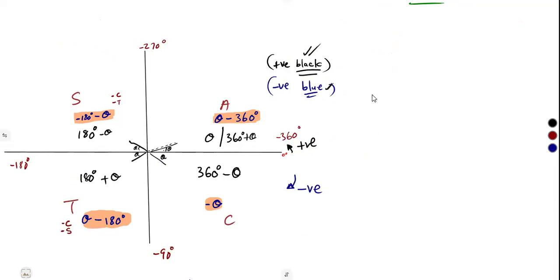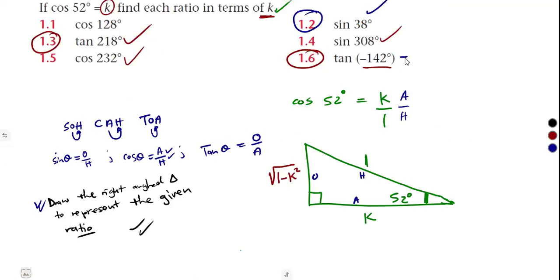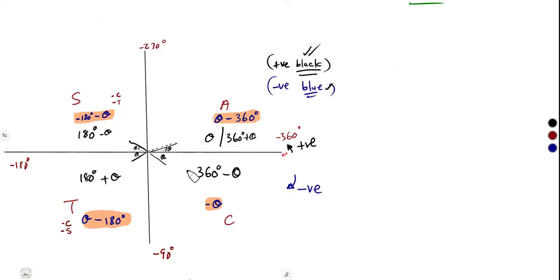So tan of minus 142 degrees will be equal to what? In the third quadrant, as a negative angle, remember, it is theta minus 180 degrees.